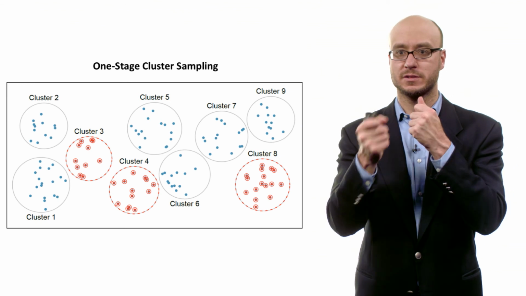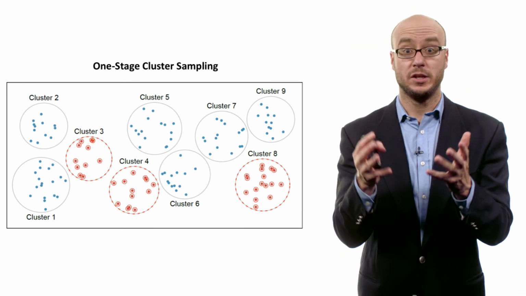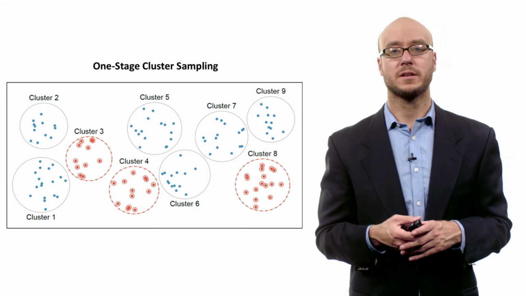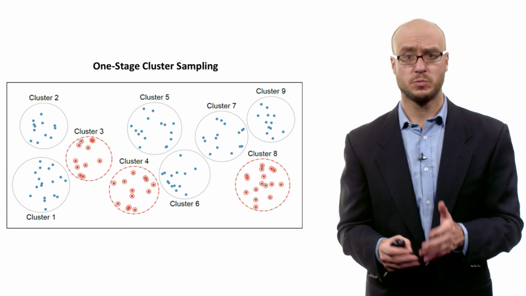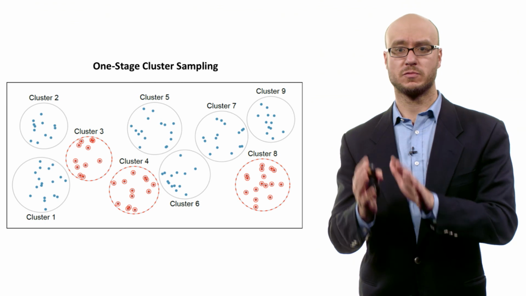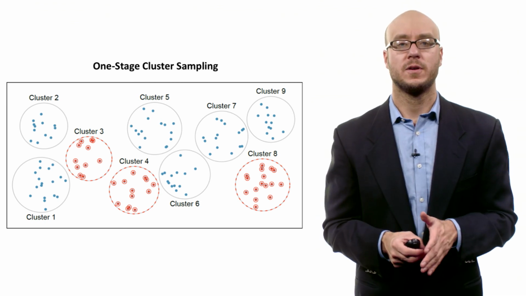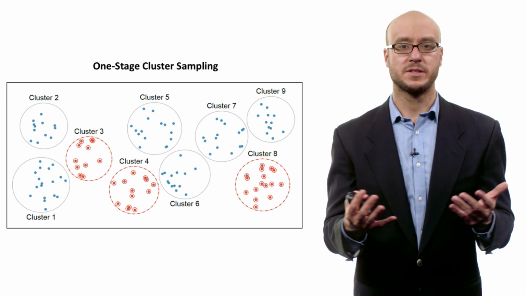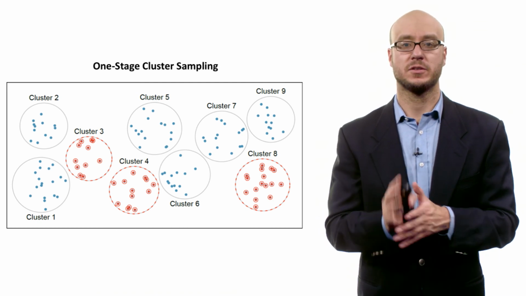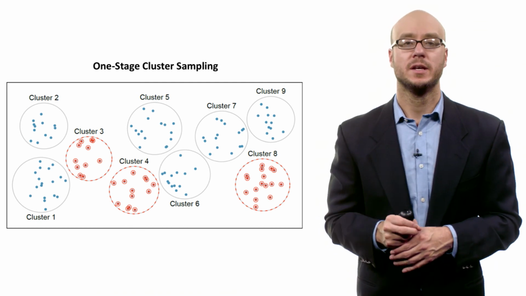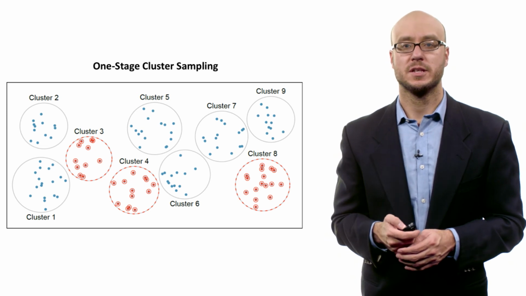The point is you just collect information from those 3 clusters and not the other 6. It's called one-stage cluster sampling because there's just one stage. Out of these 9 clusters, you randomly select 3. That's it in terms of randomization. Then you collect everybody, or all the elements, within each of those clusters.